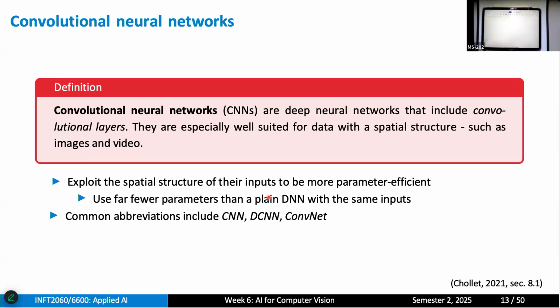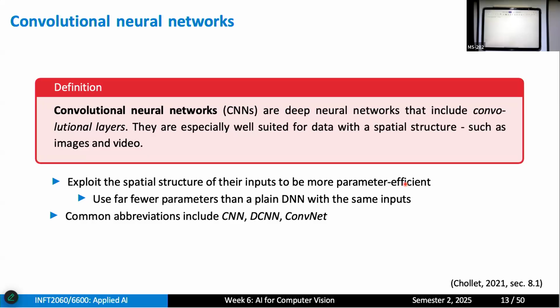Based on the label feedback, they try to be more parameter efficient, learning parameters that focus more on the target, and they use far fewer parameters than a plain DNN with the same inputs.